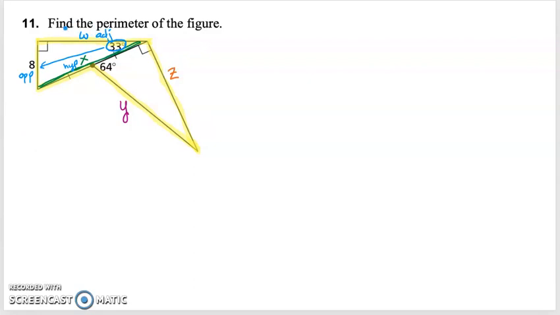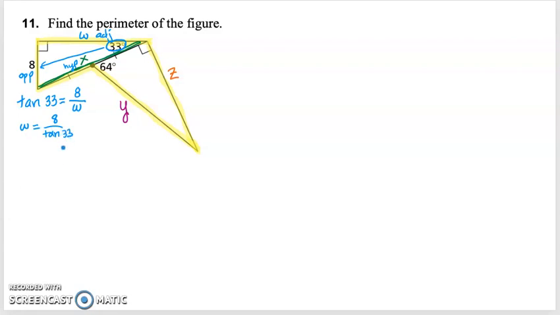So if I want to solve for W, I need to ask myself which one of those ratios uses opposite and adjacent. Well, if you said tangent, you would be correct. So tangent of 33 is equal to opposite side 8 over adjacent side W, and we can pull our little switcheroo here, and that means W is going to be equal to 8 divided by tangent 33.